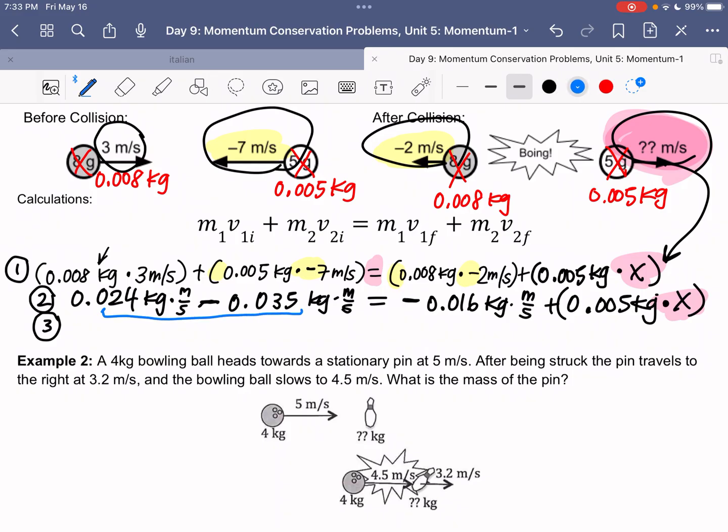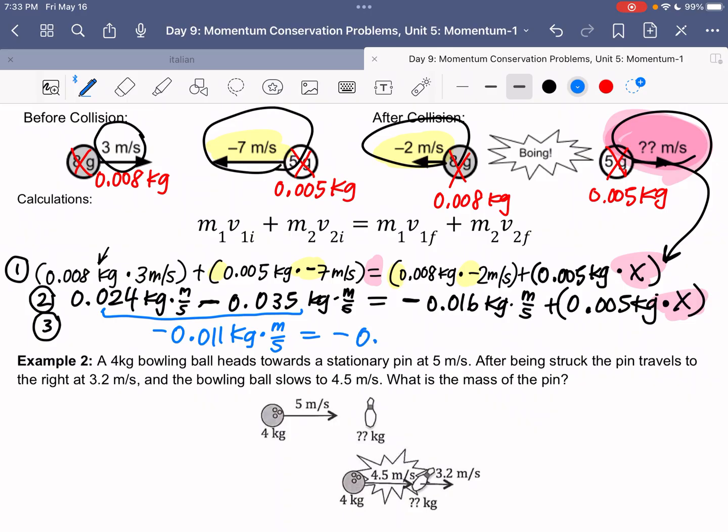So 0.024 minus 0.035 is equal to negative 0.011 kilograms times meters per second is equal to, we can't do anything on this side, so we need to just bring it down.